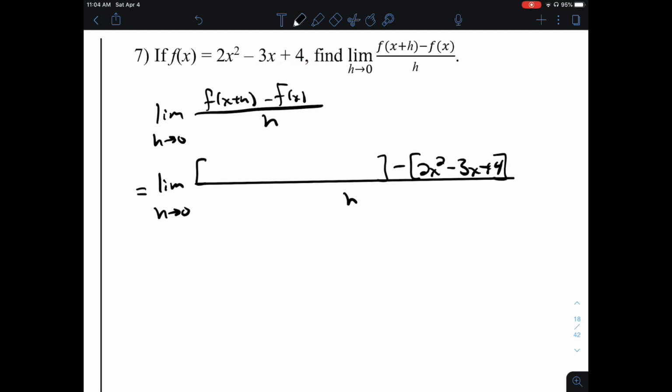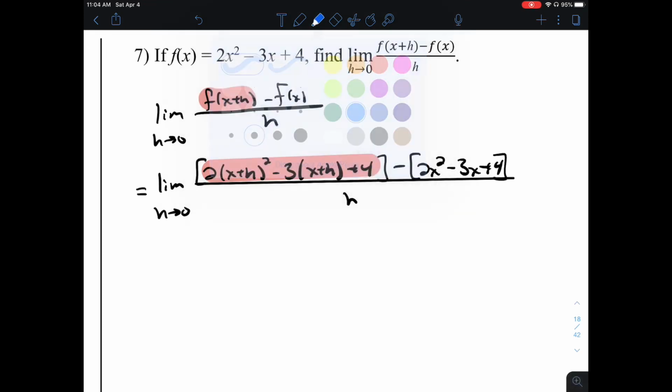Here, we're going to use this function, but replace the x's with x plus h. So we have 2 times x plus h, quantity squared, minus 3 times x plus h, and then plus 4. This is this, and this is this.